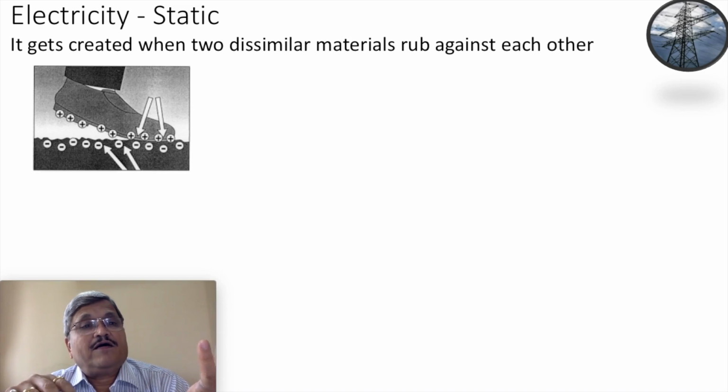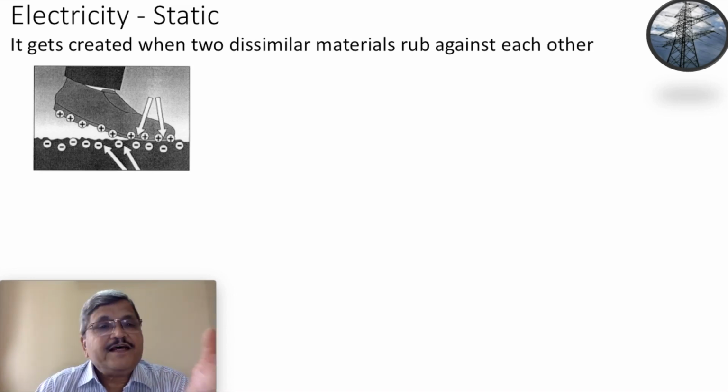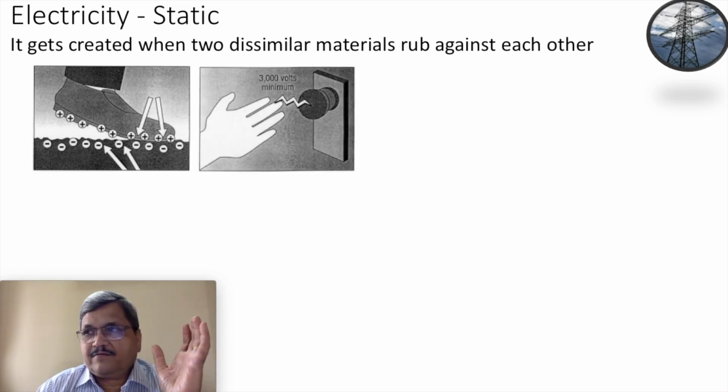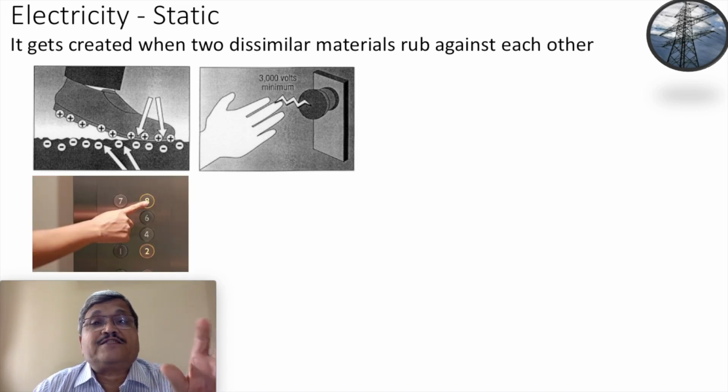So when we walk, the shoe sole becomes positive because it sheds a few electrons, and those electrons accumulate on the surface of the carpet, so it gets negatively charged. Now with this positive charge, when you reach any metal part, for example the push button of the lift, or even the handle of the car, you experience a sort of shock.